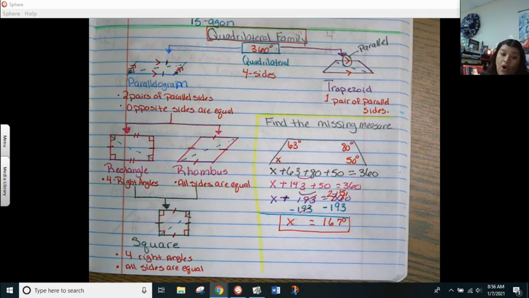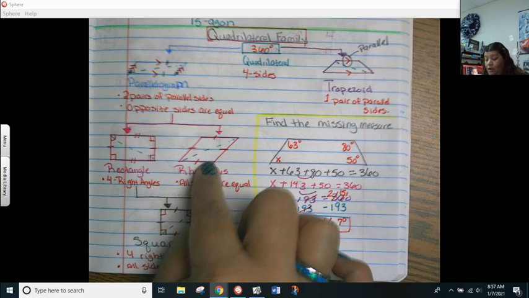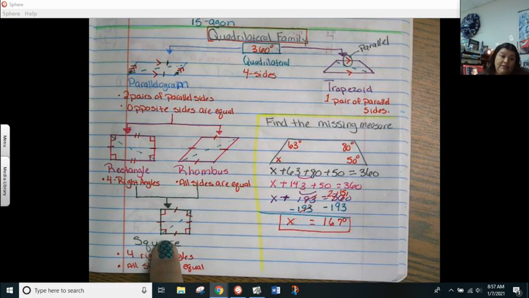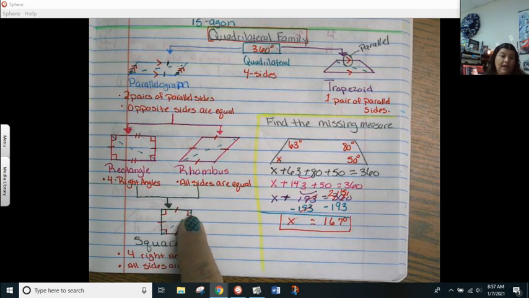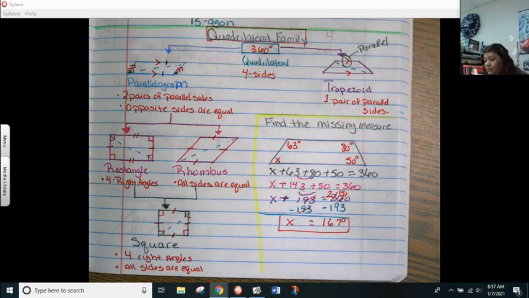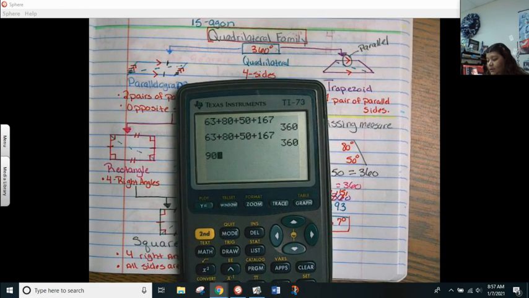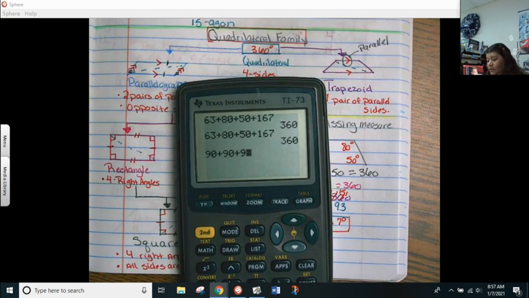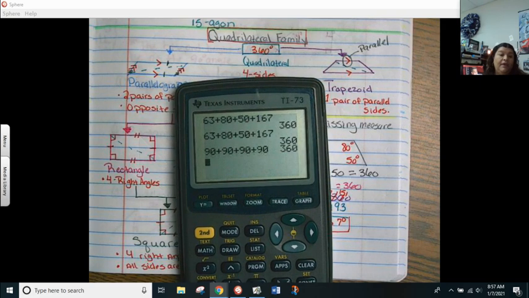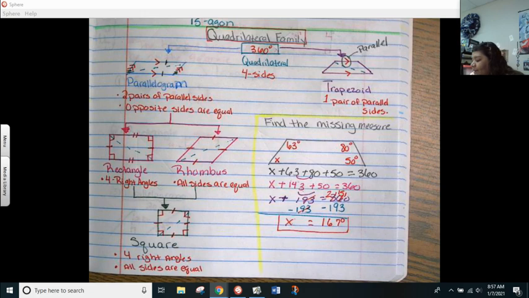And that works for all quadrilaterals, not just the trapezoid, but for all of these here. Like for example, look at the square. If all of them are 90, 90 plus 90 plus 90 plus 90, 90, 2, 3, 4, gets you 360, okay? And that's the rule of quadrilaterals, all right?